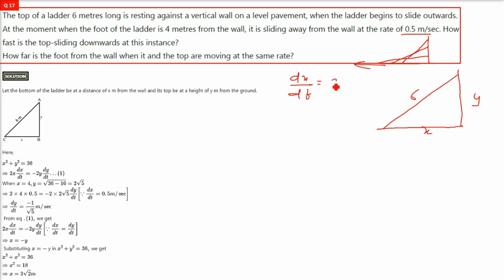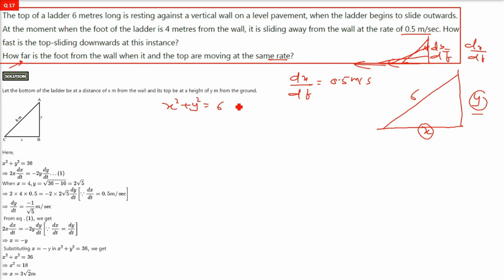We need to find x, how far the foot is from the wall, when the foot and the top are moving at the same rate, when dx by dt and dy by dt are the same. But before that we have to find dy by dt. So dx by dt is given, and the rate of change of y is to be computed.